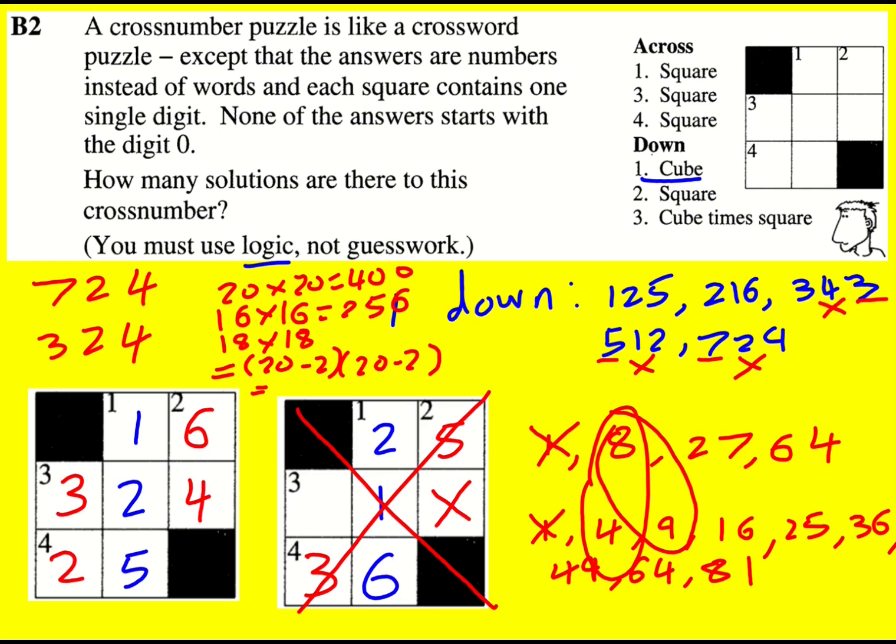I'm not sure if you would have covered expanding double brackets, otherwise you have to do it longhand. I can do 20 times 20 to give 400, and then 20 times minus 2 and 20 times minus 2, so minus 80, and then I add 4 on. I'm not going to get into any more detail on that right now, but look it up if you've never learned about that. And that does equal 324. So this one is okay.